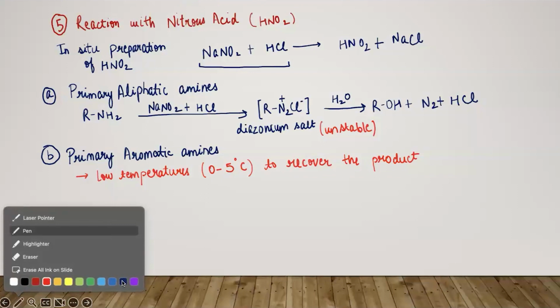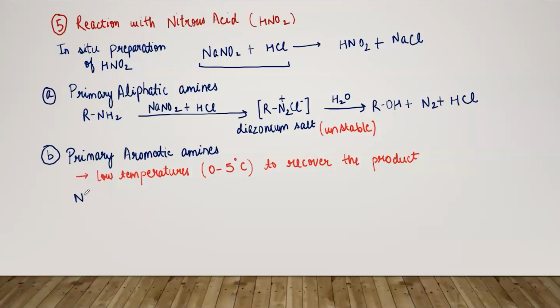Now I'll write the general reaction. I am taking the simplest compound, that is aniline. Then similarly in this reaction also, we will use the in situ concept. And the temperature is 273 to 278 Kelvin. Okay, this is in Kelvin.